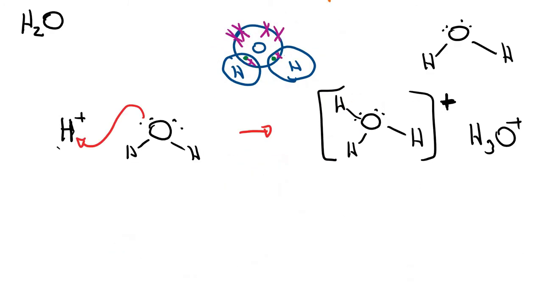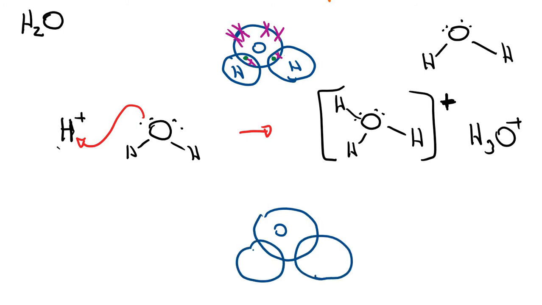A dot and cross diagram of that will simply look like this. We have central oxygen surrounded by 3 hydrogens, those 2 hydrogens have donated their electrons to the bond, and this oxygen has a pair of electrons like that, but both of these electrons have actually come from the oxygen.